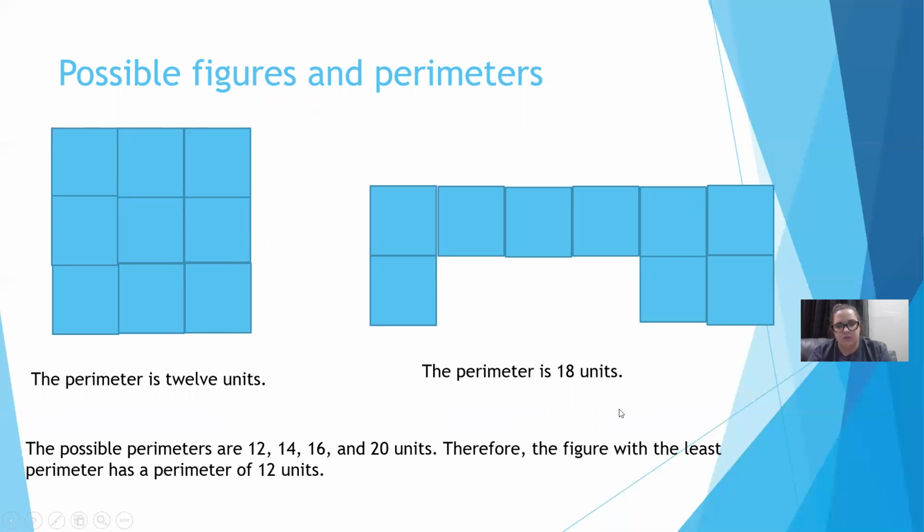This right here has a perimeter of 18. So the possible perimeters after drawing out all the figures were 12, 14, 16, 18, and 20 units. Therefore, the figure with the least perimeter has a perimeter of 12 units, and the highest would be 20.